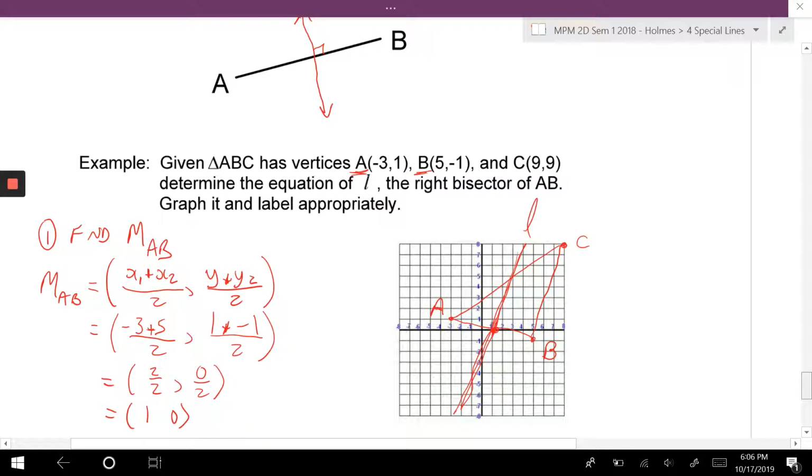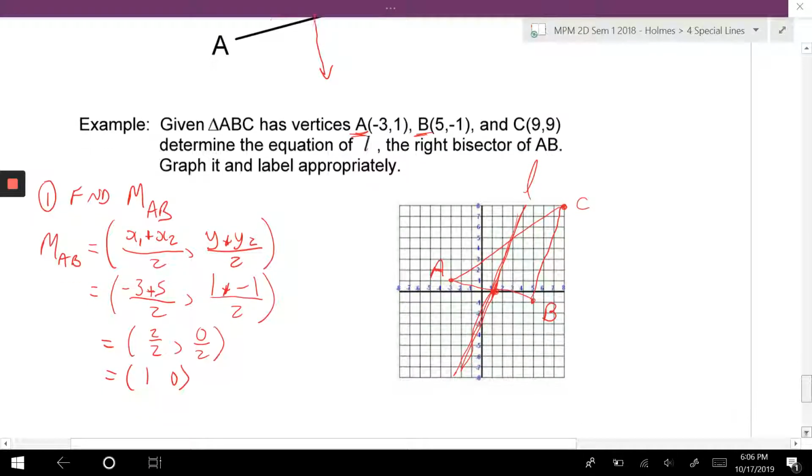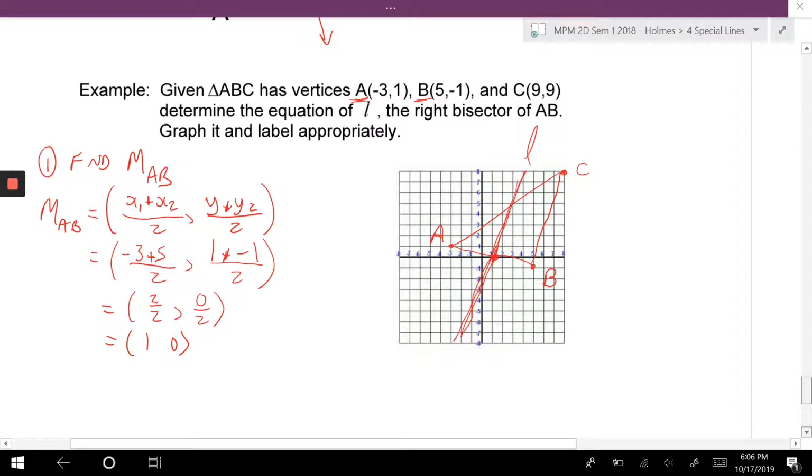So that's my midpoint, and sure enough, that's exactly where that is. So I've got that midpoint correctly.